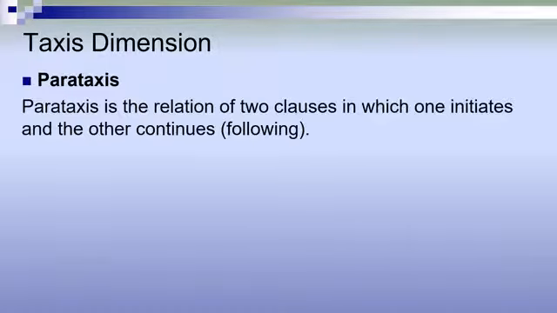The taxis dimension can be differentiated into parataxis and hypotaxis. A parataxis relation is the relation of two clauses in which one initiates and the other continues. So one comes first and the other continues. The order is fixed.